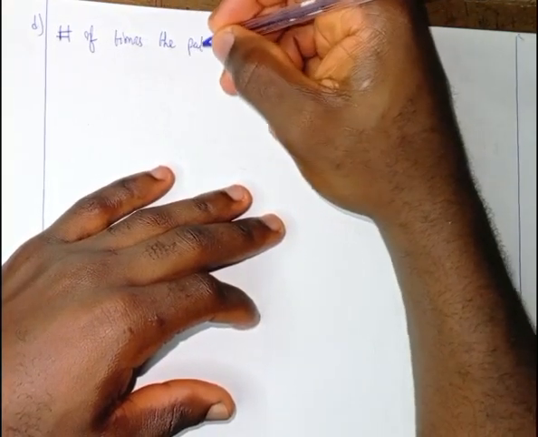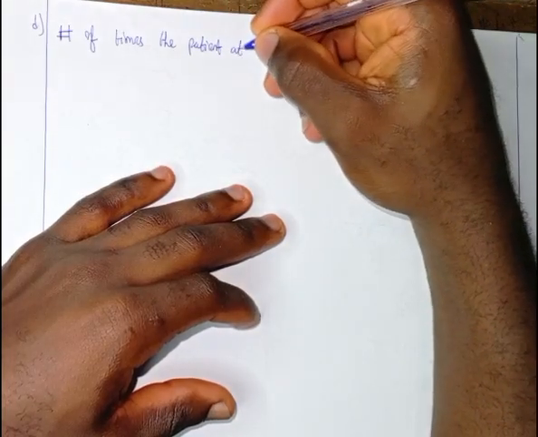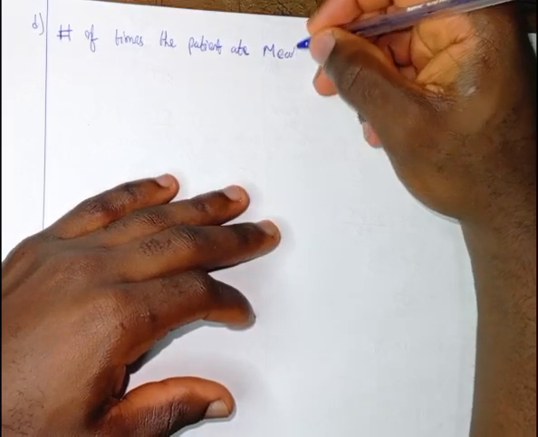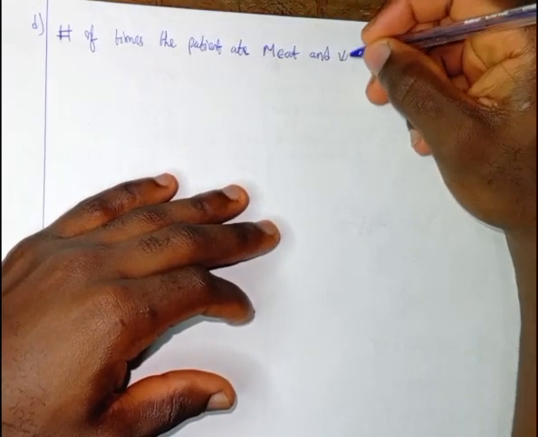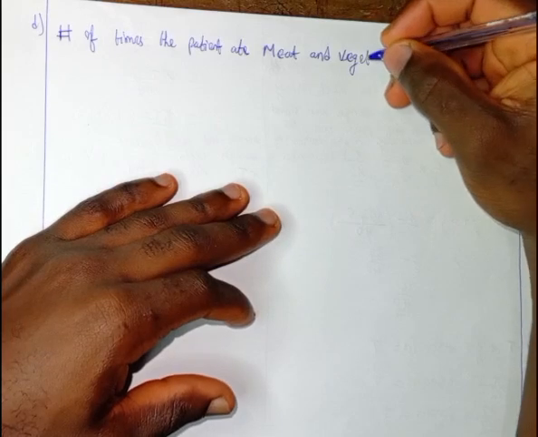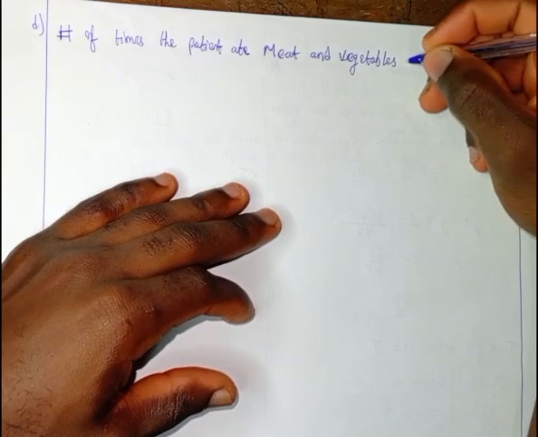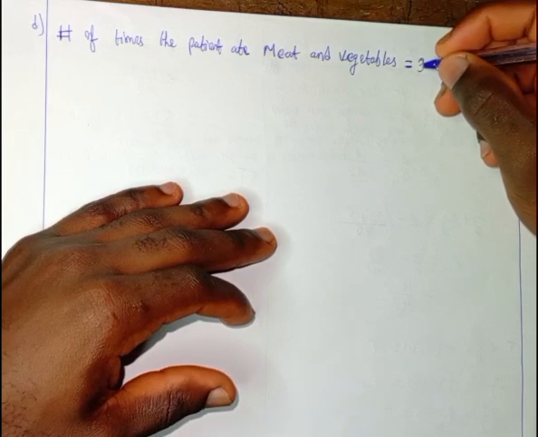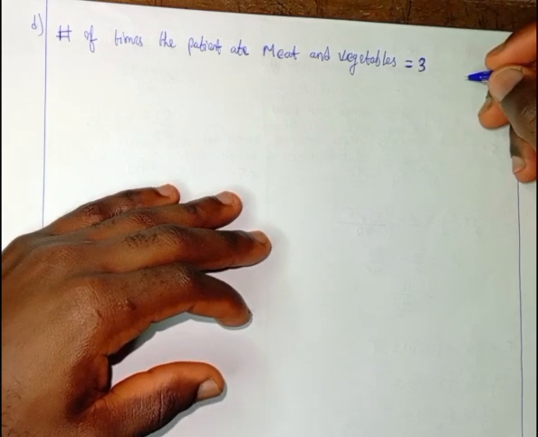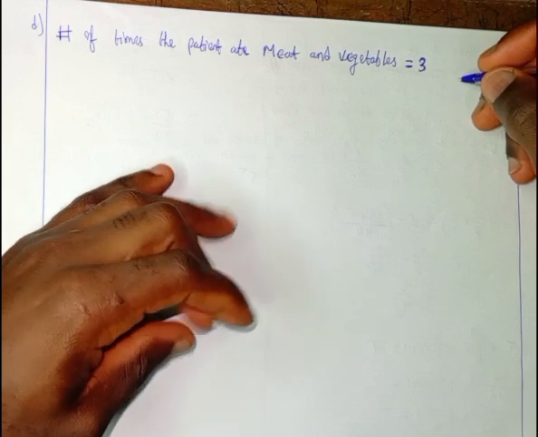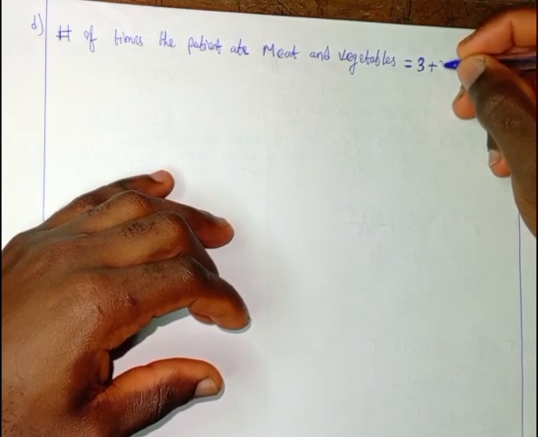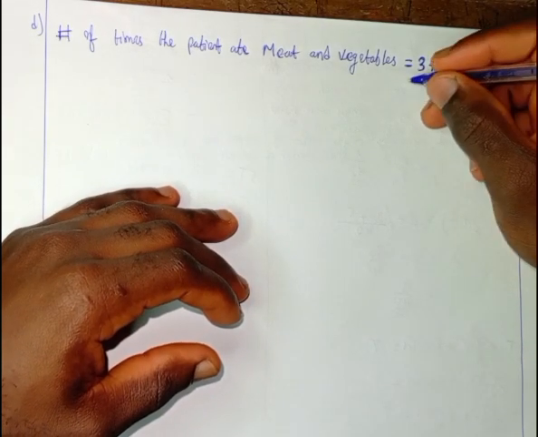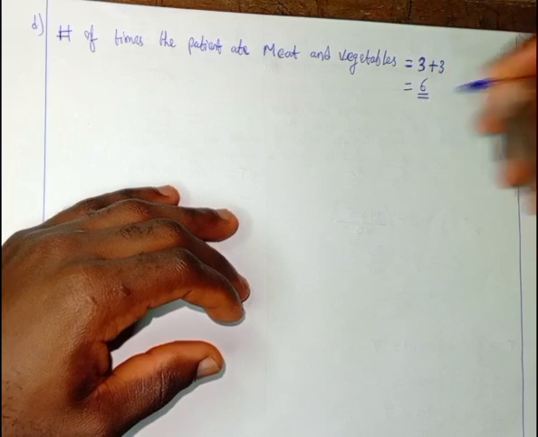From the Venn diagram, we are going to take 3 for the number of times the patient ate meat, vegetables, and fish, plus 3 for the number of times the patient ate meat and vegetables only. This will simply be equal to 6.